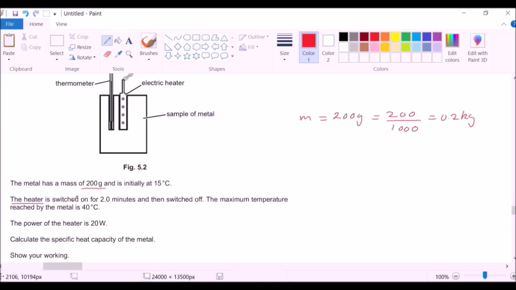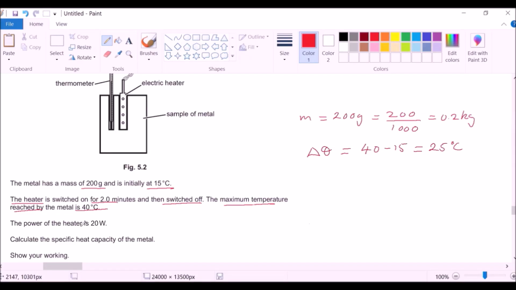The heater is switched on for 2 minutes and then switched off. The maximum temperature reached by the metal is 40 degrees. Initially it is at 15 degrees. So delta theta, our change in temperature, is the final temperature minus the initial temperature, which gives us 25 degrees Celsius.